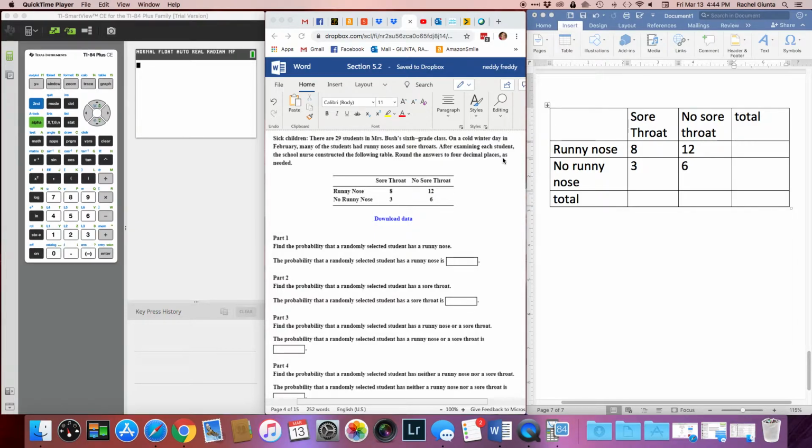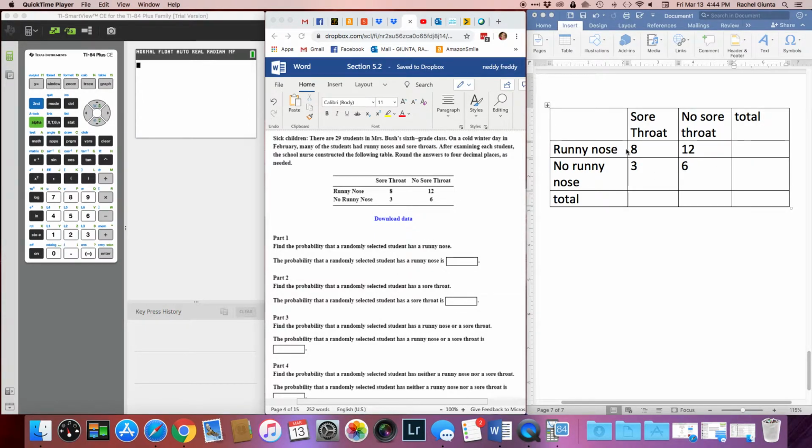Round the answers to 4 decimal places as needed. So this one's nice that they give you all the information in a table instead of just scattered around in the paragraph here. But there's still an additional thing that I like to do with these kind of problems because you almost always need some of these totals.